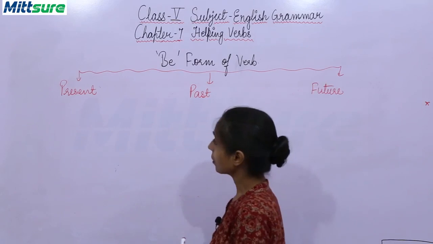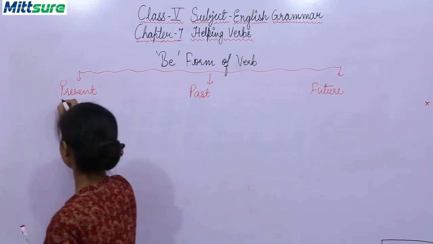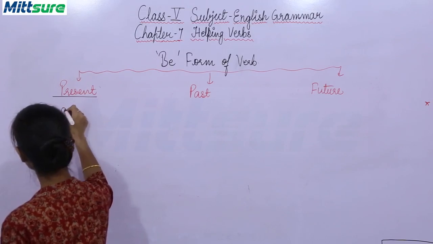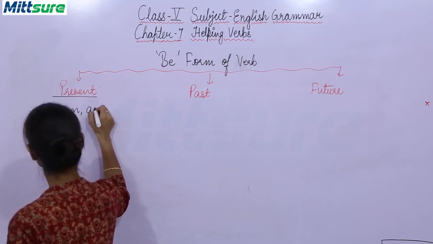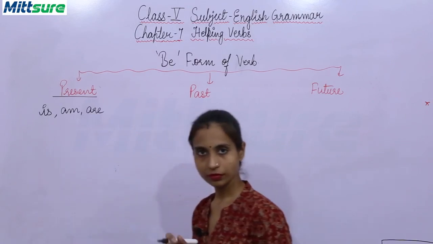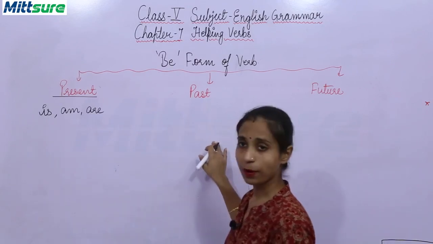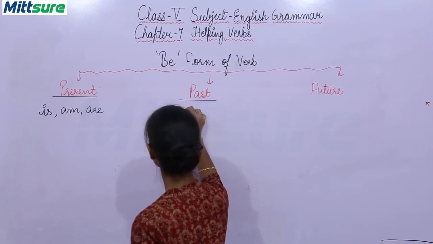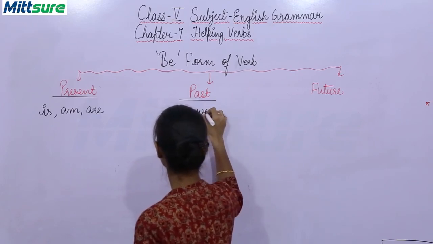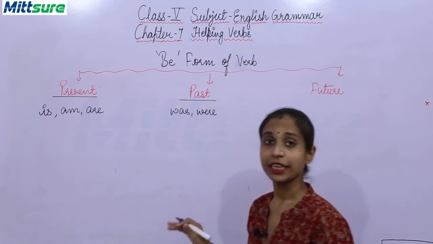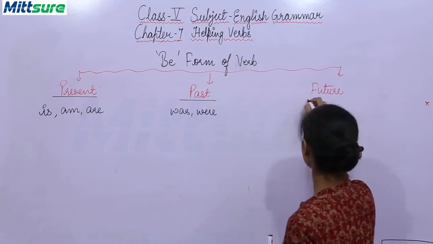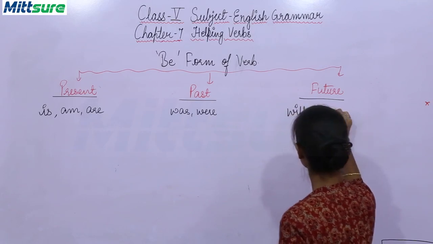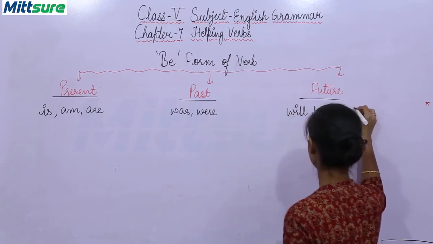Alright, in present tense they will be is, am, are. Alright, in past tense they will be was, were, and in future tense they will be will be or shall be.